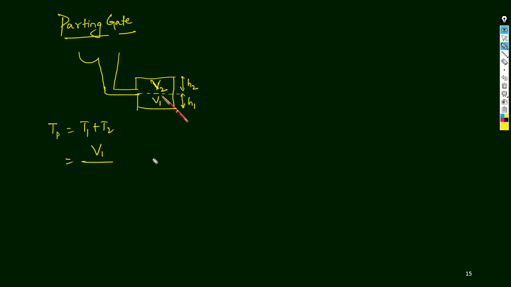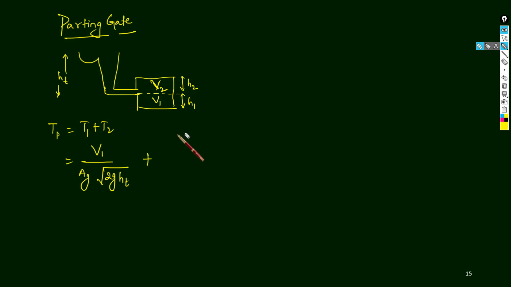So T1 is V1 divided by area of gate into velocity at this point, that is root 2gHt. Plus what is T2? T2 is volume. Oh no, there is another term.